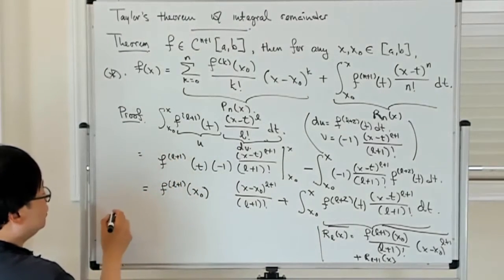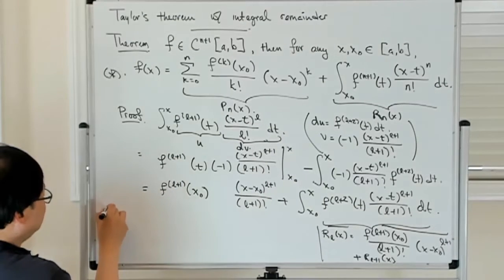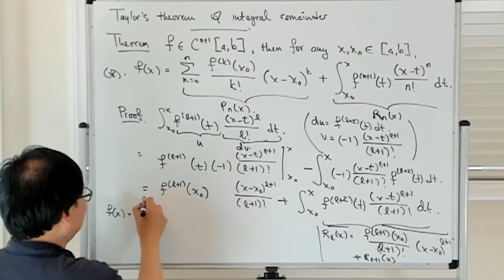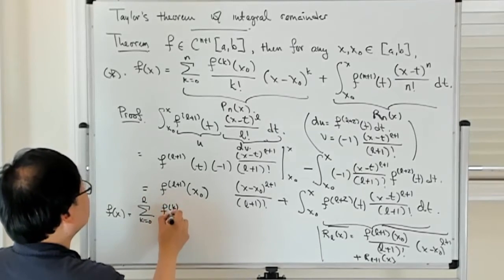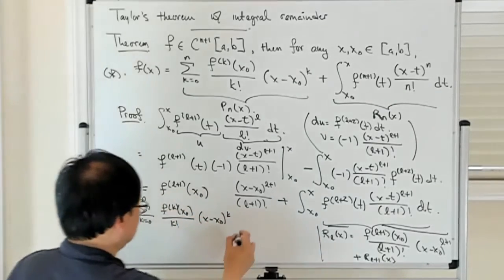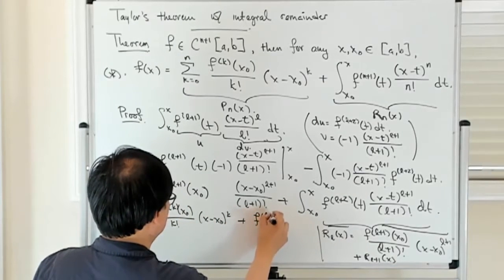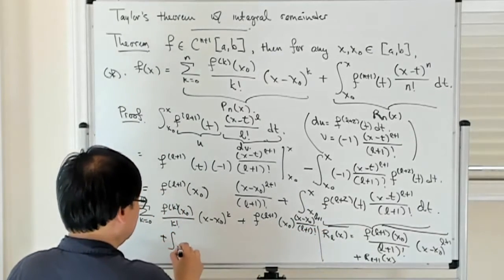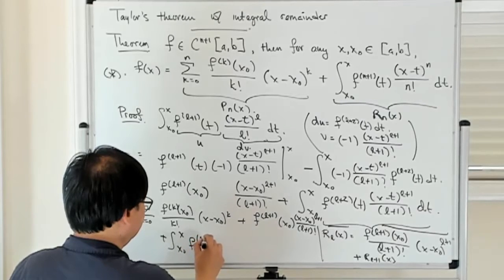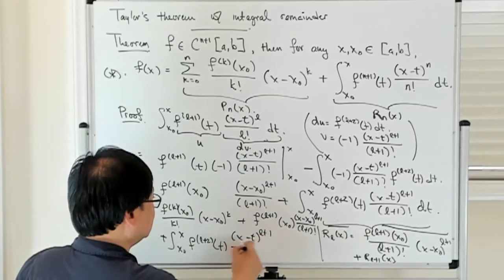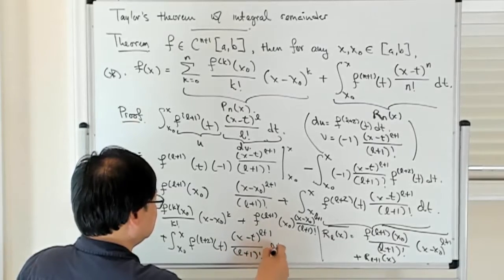So the upshot is that f of x is equal to the sum from k equals 0 to L of f^(k)(x0) over k factorial times (x minus x0)^k, plus this term f^(L+1)(x0) (x minus x0)^(L+1) over (L+1) factorial, plus the integral from x0 to x of the (L+2)th derivative of f evaluated at t, times (x minus t)^(L+1) over (L+1) factorial dt.